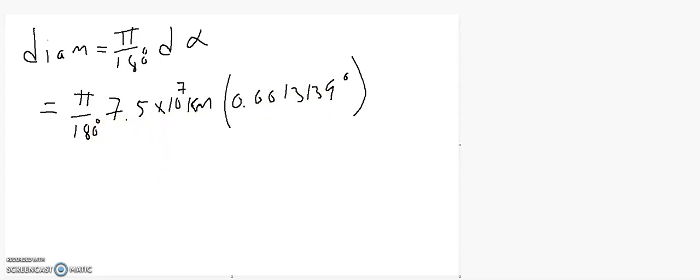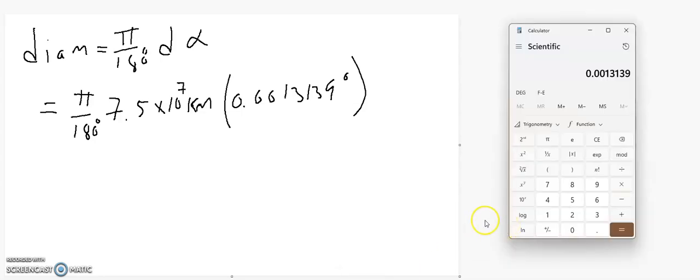So let's see, I have my calculator here. I've already got the degrees in there, so we're going to multiply that times 7.5 times 10 to the 7th, and then times pi, which is right here.